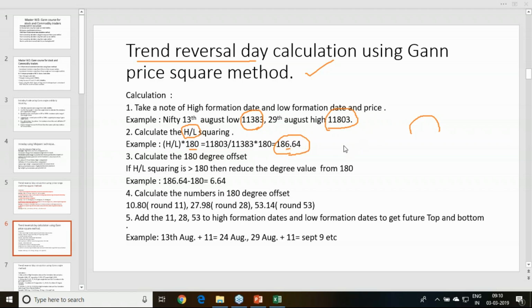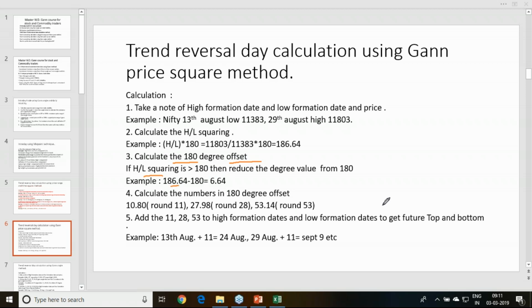So 186.64 angular value we got. After getting this 186.64 angular value, we need to do one small comparison here to find out the degree offset. Here, if the high-low squaring is greater than 180 degrees, then reduce it by 180.